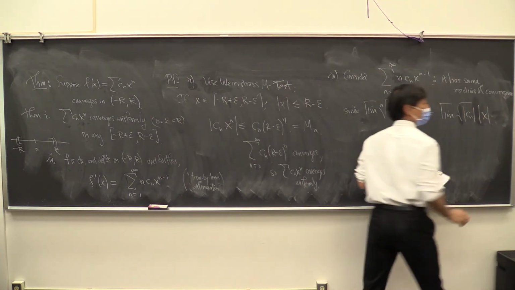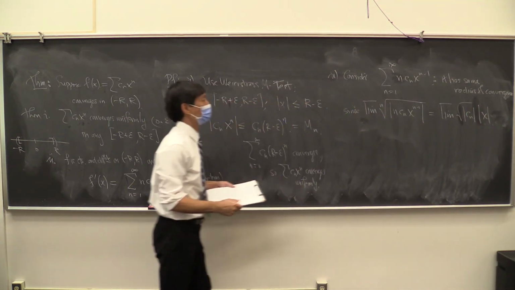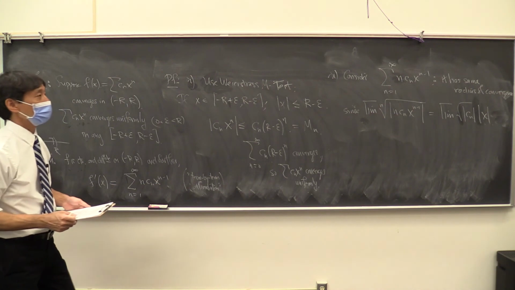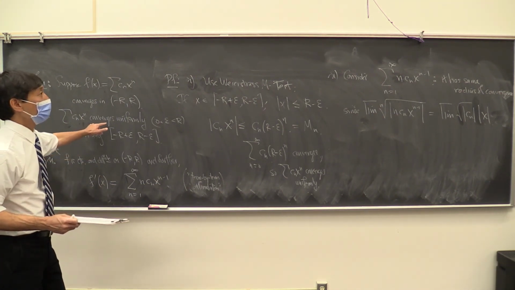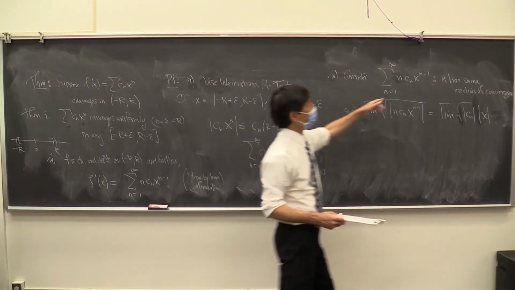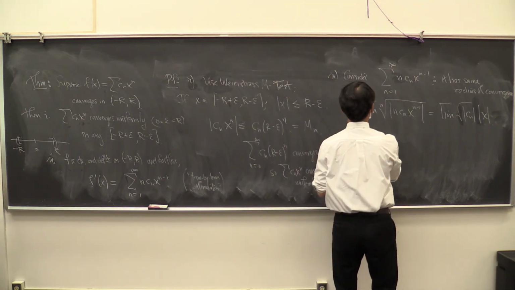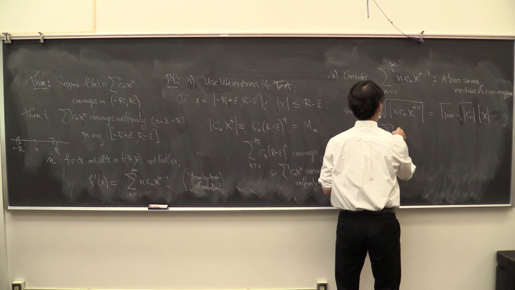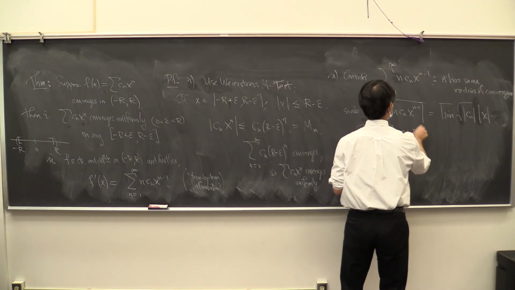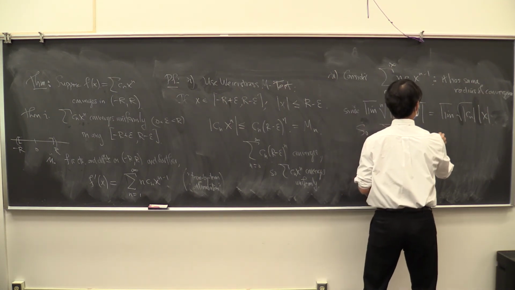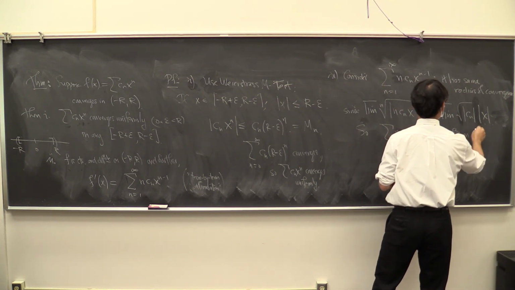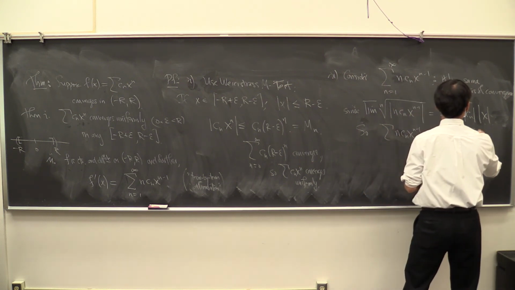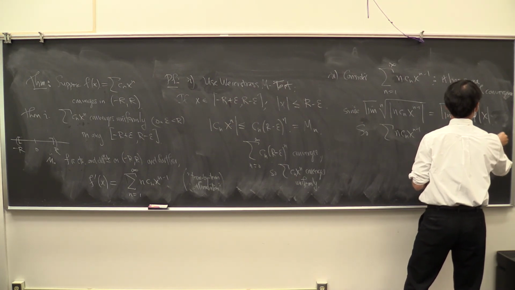Since this is true, what do we know? We know that this thing converges uniformly. So this derived series also converges uniformly on negative r plus epsilon to r minus epsilon.